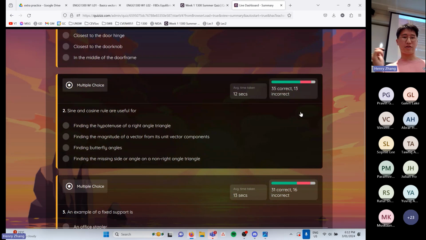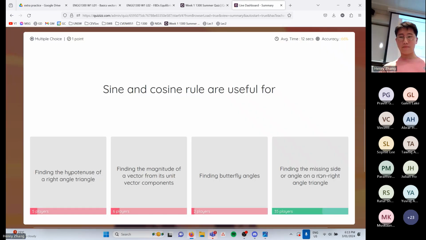Okay. So the sine and cosine rule. This is what I was showing a little bit of earlier in the lectures. Essentially you want to use these when it's not a right angle triangle. That's where the other answers are wrong, because when you have a vector and you know its x and y components, it can be represented as a right angle triangle.